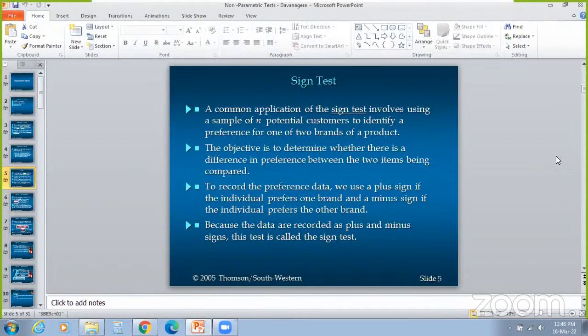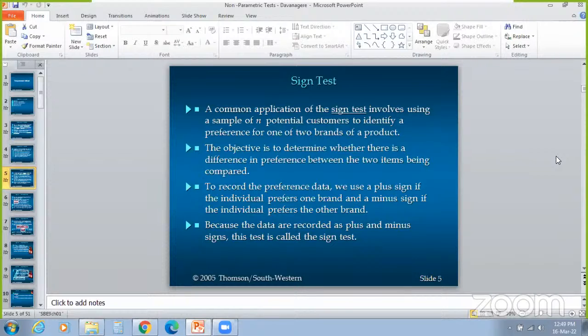In recording the preference of the customers, you have to use signs. The signs are nothing but plus and minus. You use the plus sign if the individual prefers one brand, and minus if the individual prefers the other brand.